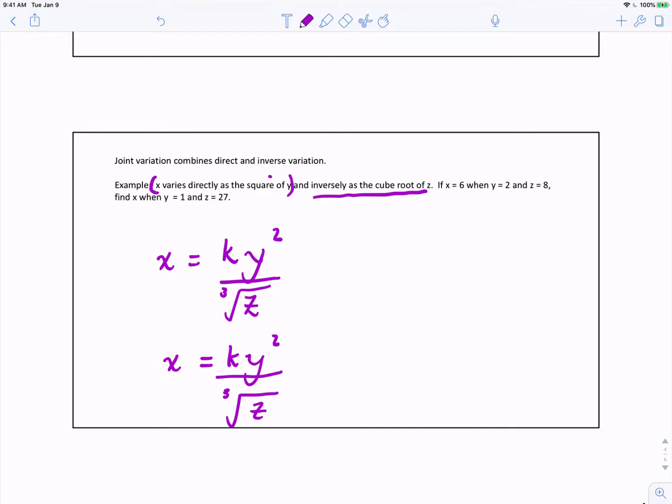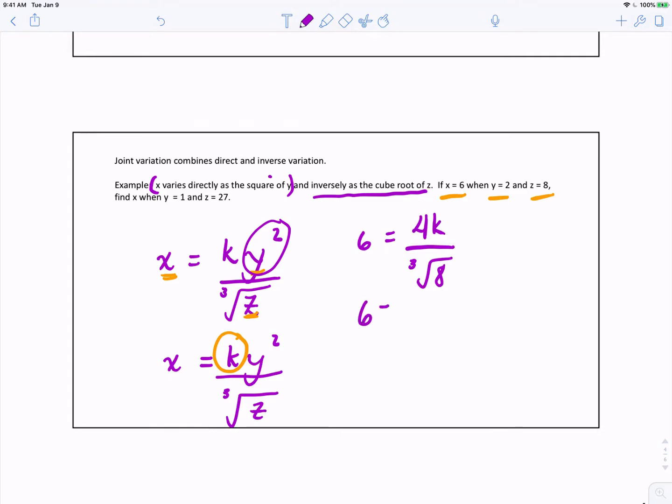And again, even with joint variation, we're going to be given all the numbers we need to be able to solve for k. That means we're going to be told an x, a y, and a z. Here's our x, here's our y, here's our z. We're going to plug those in and solve for k. If x is 6, when y is 2, so 2 squared would be 4, and z is 8, so the cube root of 8 is just equal to 2.